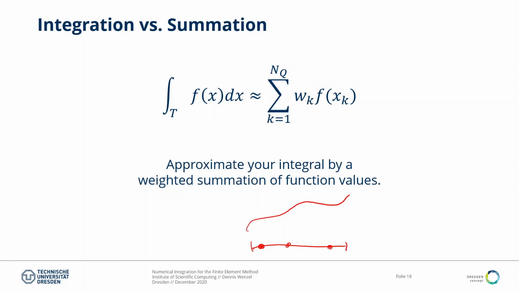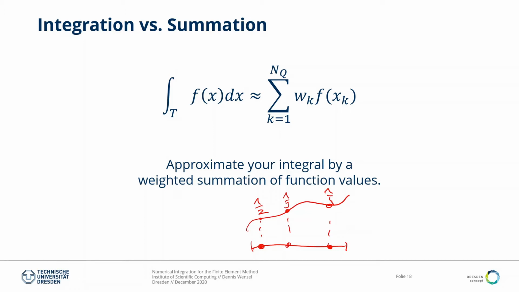Let's say those 3 here. So I take my function values at those points, I sum those function values up and assign them certain weights. Let's say 1/2, 1/3, and 1/4 maybe. But we will see later on how it makes sense to choose them.